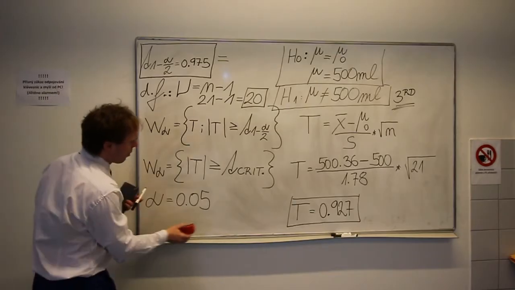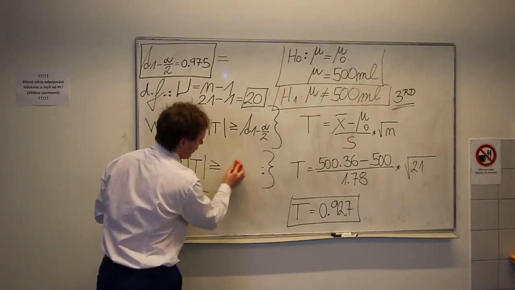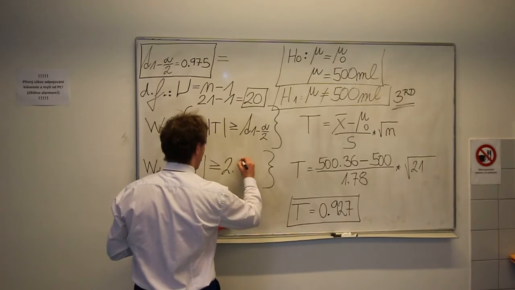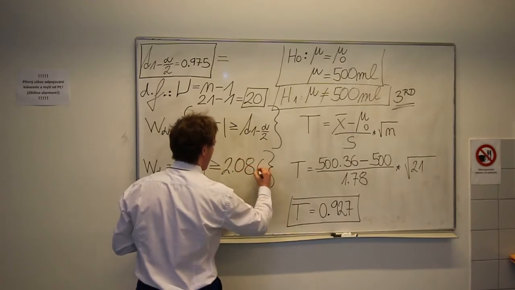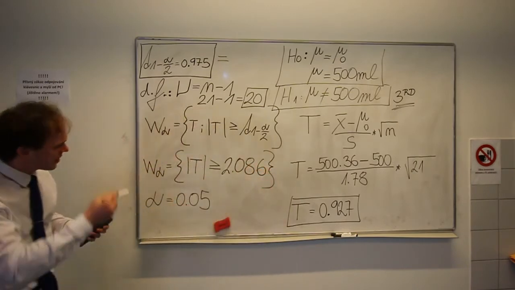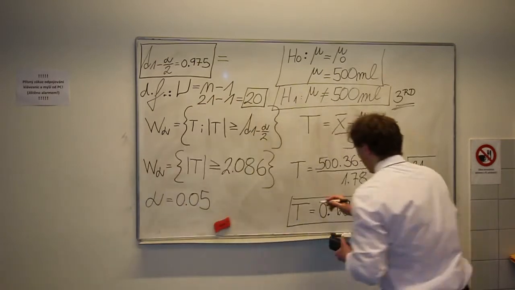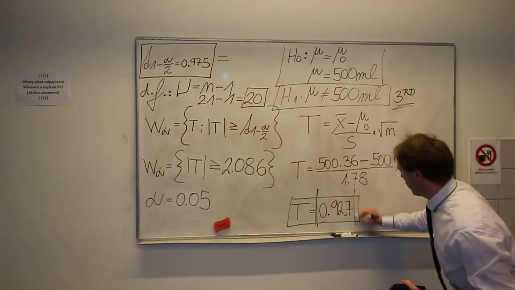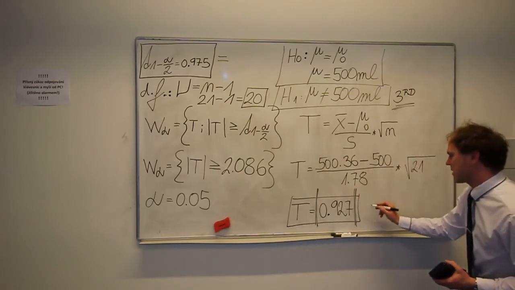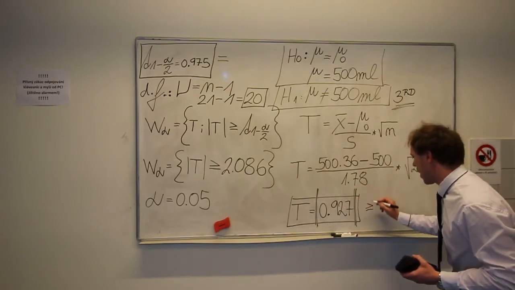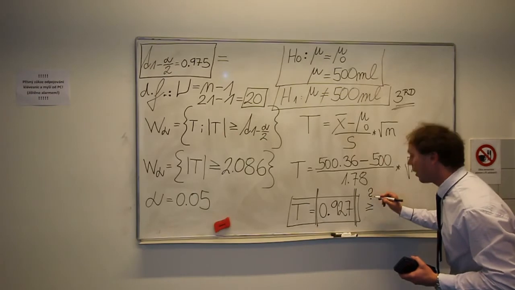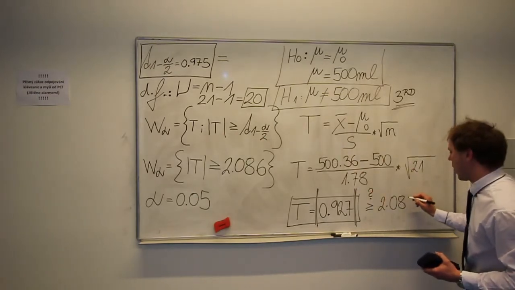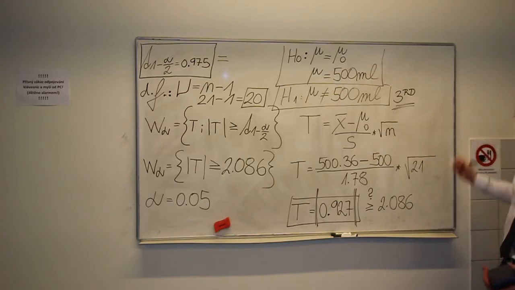Okay, so critical value in our situation is 2.086. Now there is a question if absolute value of this test statistic is higher or equal to 2.086.